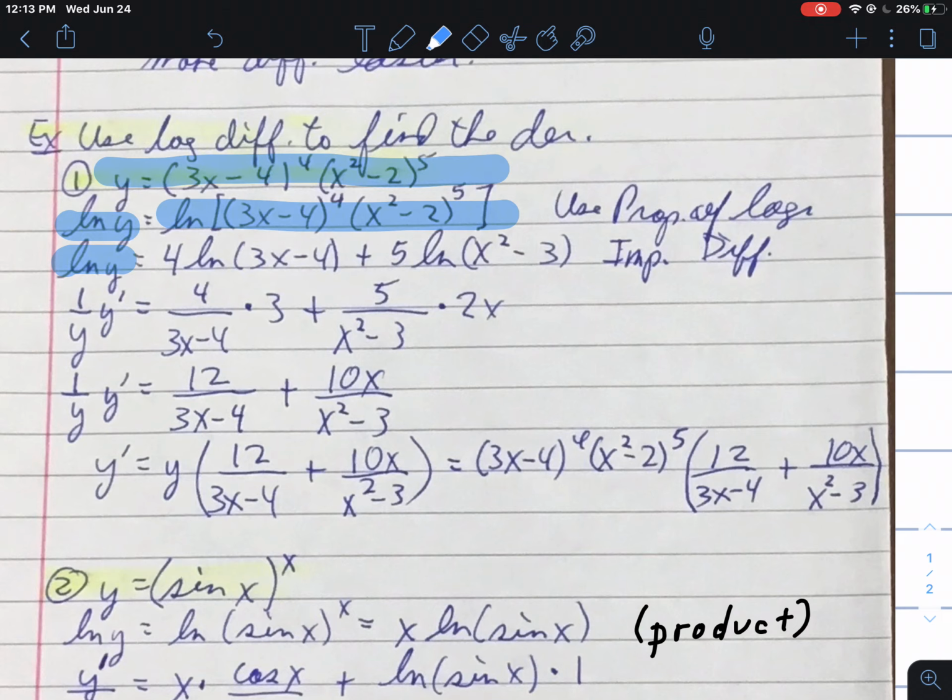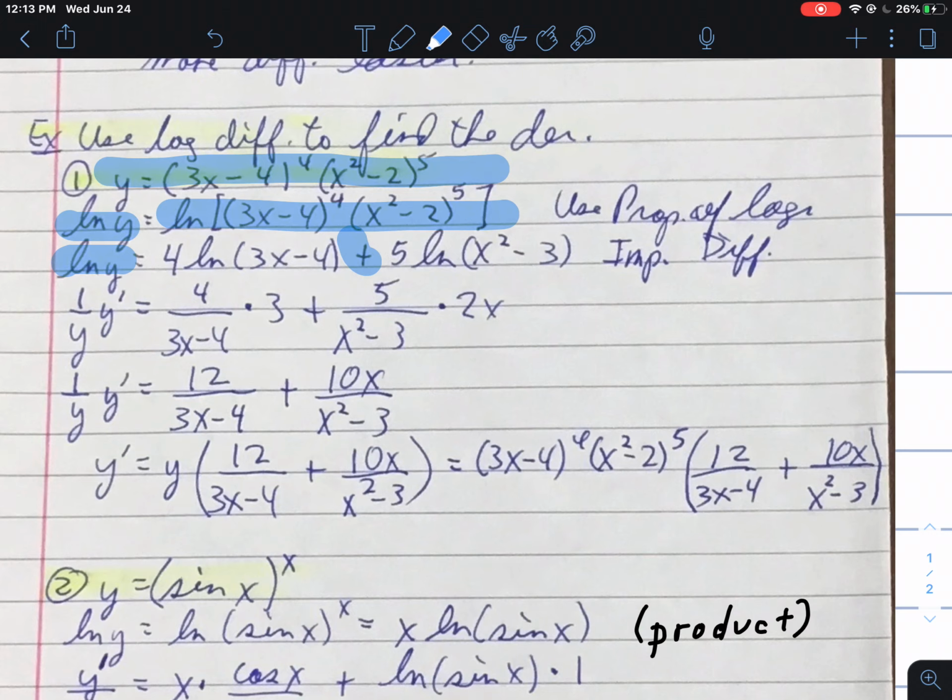So I took the natural log of both sides. I then rewrite the right side using the properties of logs. The property says that the log of a product is equal to the sum of the logs. So that would be the natural log of (3x minus 4) to the 4th plus natural log of (x squared minus 3) to the 5th.